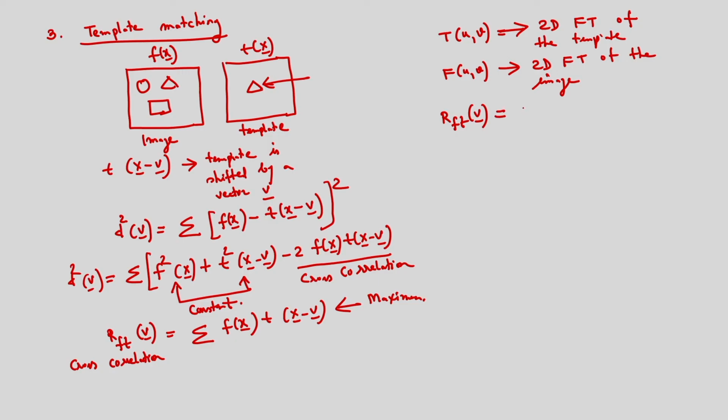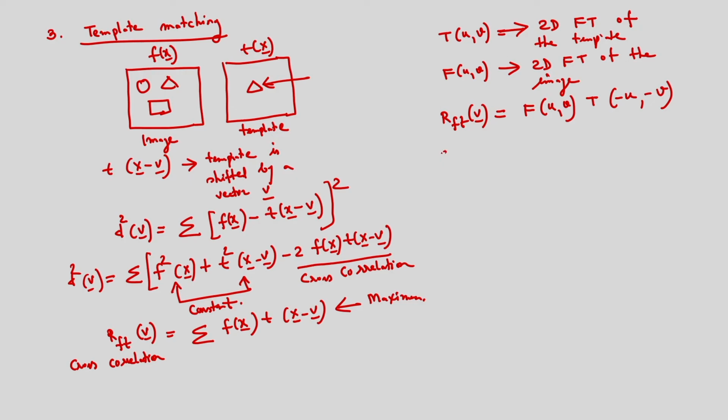The cross correlation in the frequency domain will be the multiplication between F(u,v), that is the 2D Fourier transform of the image, and the template T(-u,-v). The template is shifted. So this is the cross correlation in the frequency domain, that is the multiplication between F(u,v) and T(u,v).